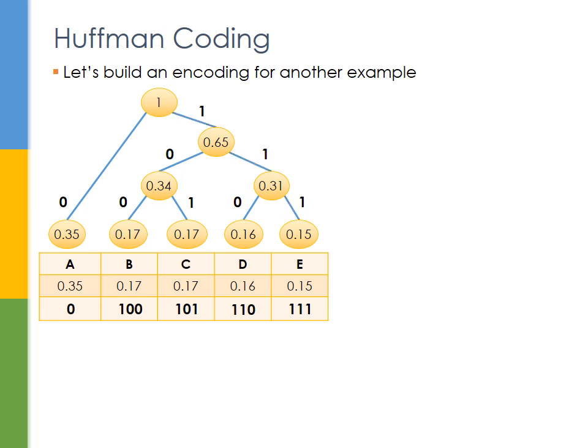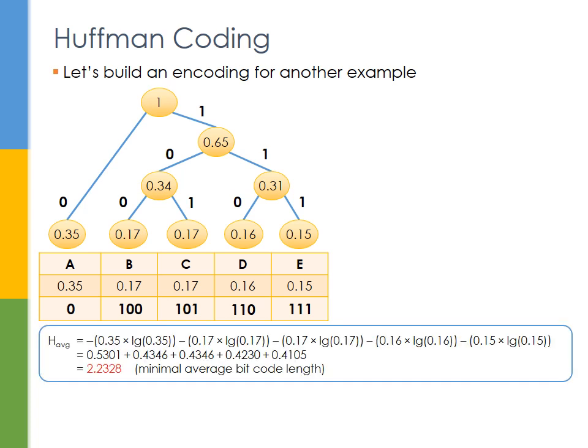Alright, so now we've generated our encoding, and once again we want to determine how effective and optimal this encoding is. So again, we need to compute the minimal average bit code length in terms of the entropy.